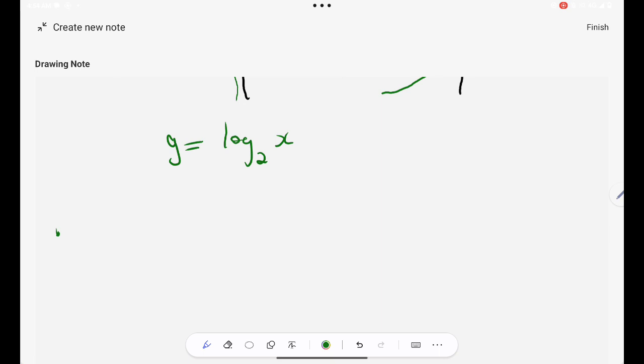Log 2x, let's just leave it like this. The first thing that you must know is that our asymptote is the y-axis. The y-axis will be the asymptote, x is equal to 0.